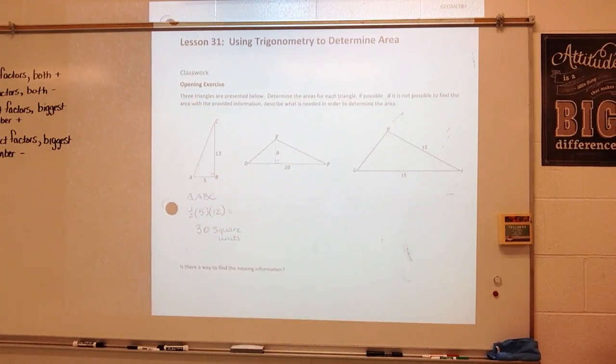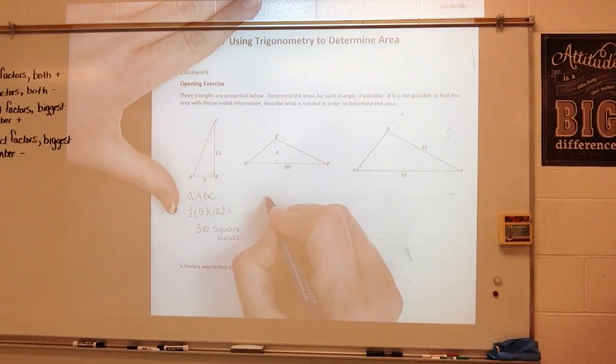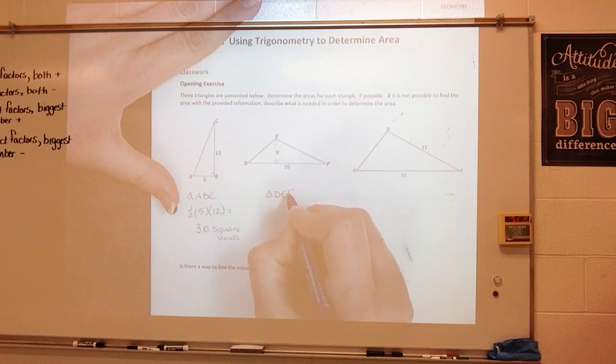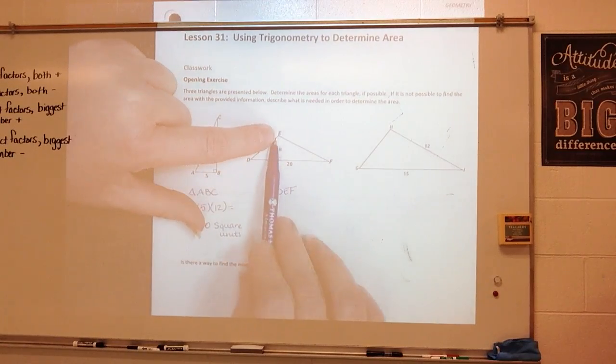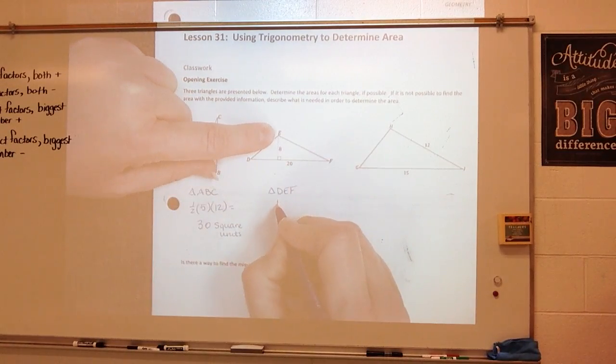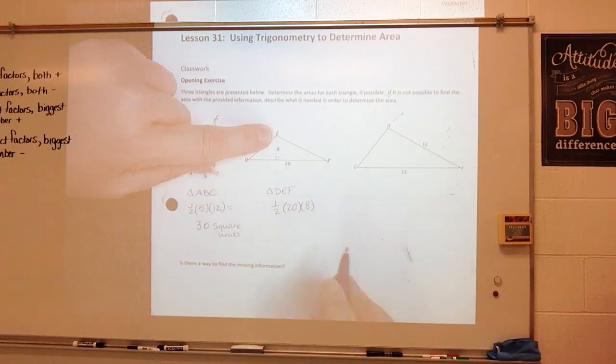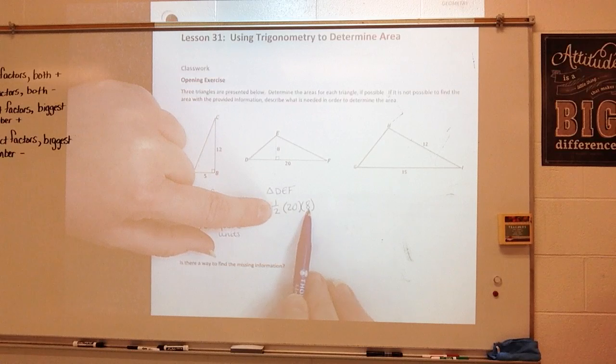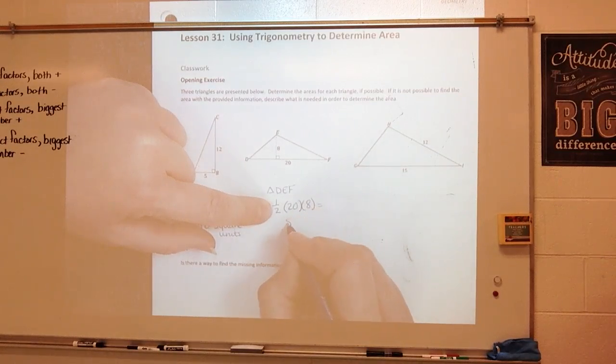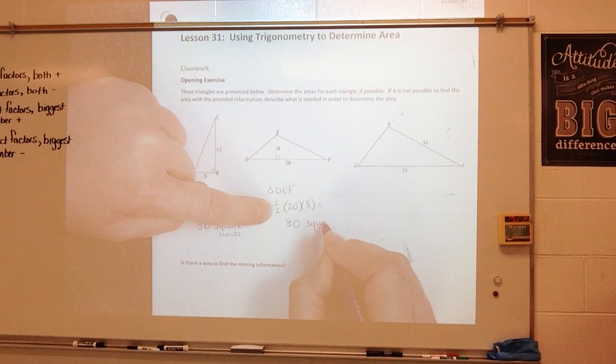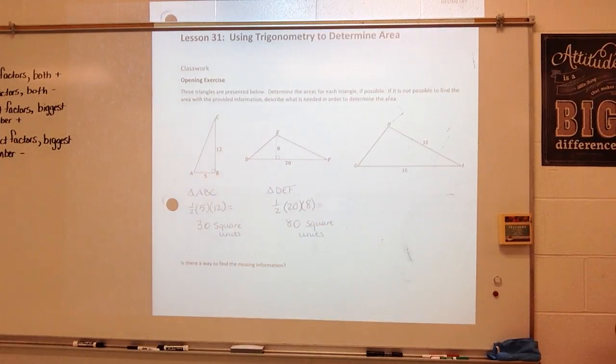Alright. Looking at the second triangle, for triangle DEF, once again, 1/2 times base times height. 1/2 of 20 is 10. 10 times 8 is 80 square units. Alright.